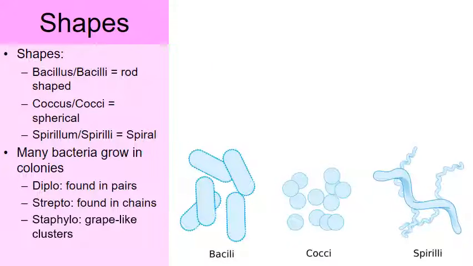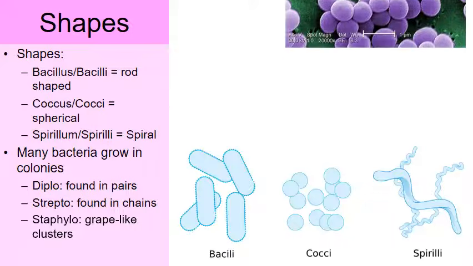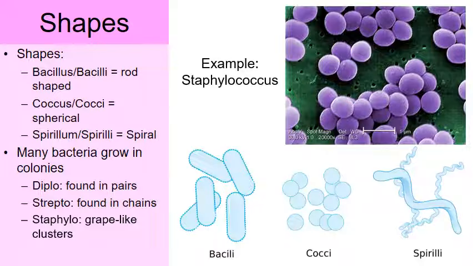And then there's the prefix staphylo, which means grape-like clusters. So when you see, for instance, Staphylococcus bacteria, well, you can see why they're called coccus because they're round and spherically shaped, and staphylo because they kind of look like cluster of grapes. So when you see these prefixes, it gives meaning to the type of bacteria.